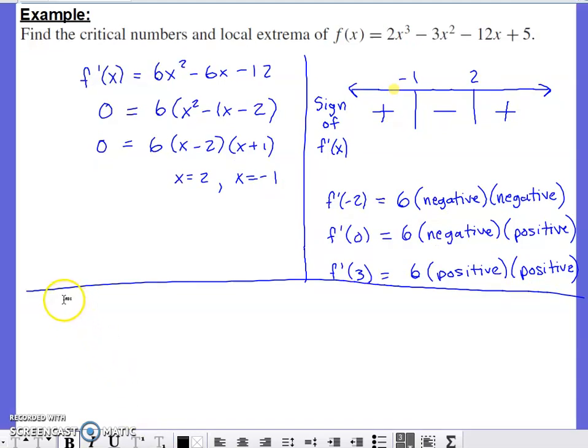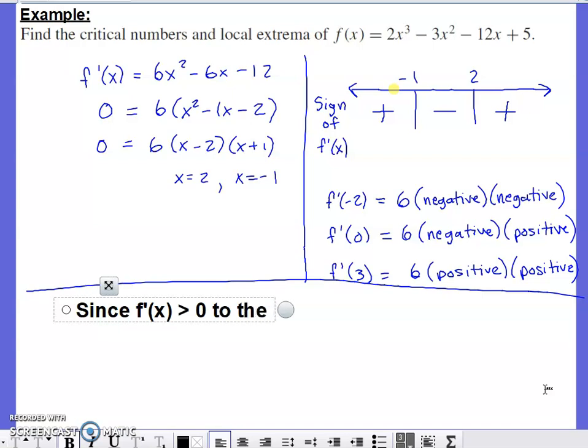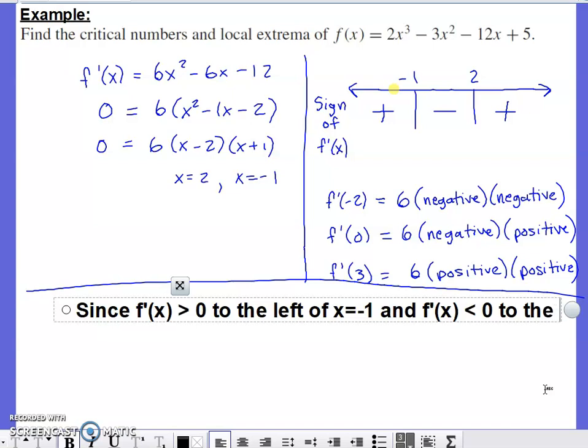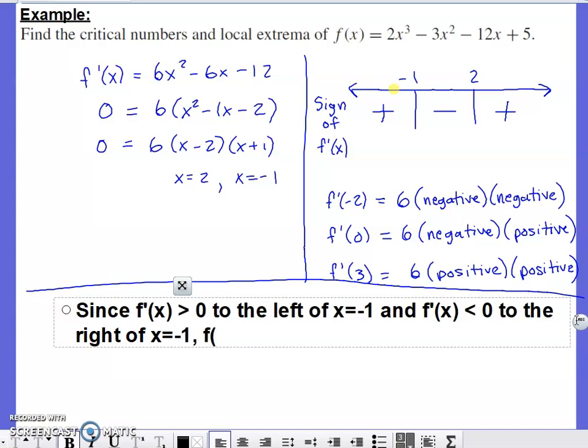So what can I say as my conclusion here? Well, what I can say in conclusion is since f prime of x is greater than 0 to the left of x equals negative 1, and f prime of x is less than 0 to the right of x equals negative 1, f of x attains a local maximum at x equals negative 1.